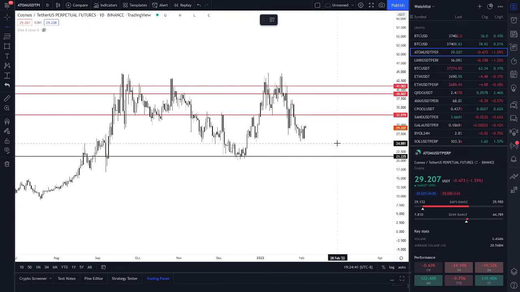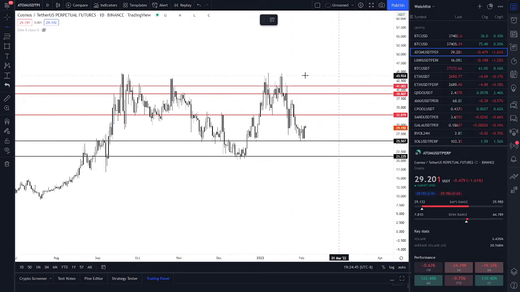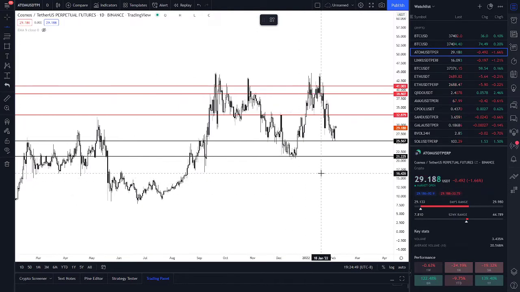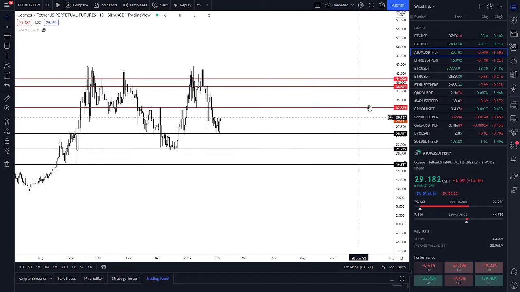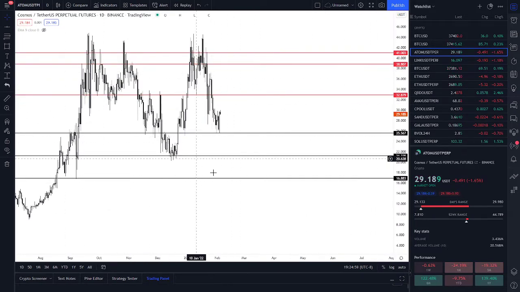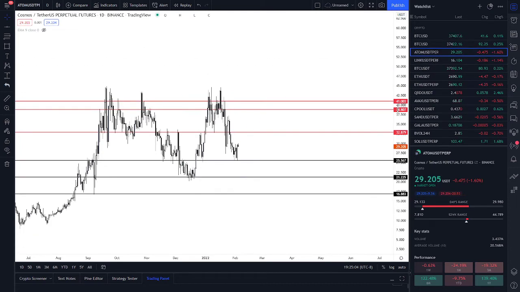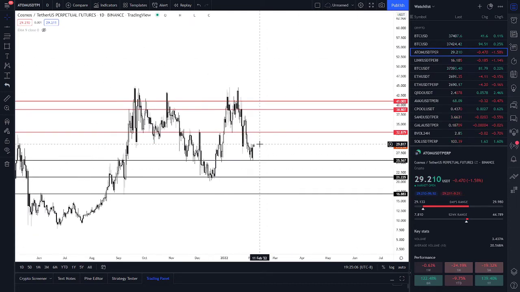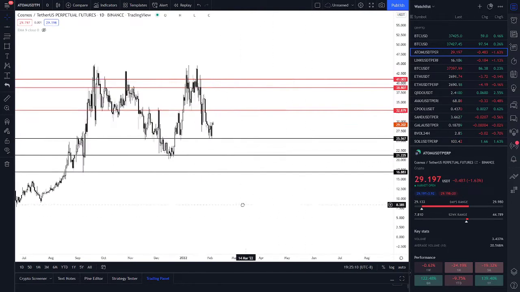You can go further down if you want, but I'm just drawing it closer to current price action. Support, support, support, bounce. So I'm going to use that. Now again, you can have as many lines as you want, but on the higher time frame, you should have only the strong ones. So that's why I have so minimal lines drawn right now.